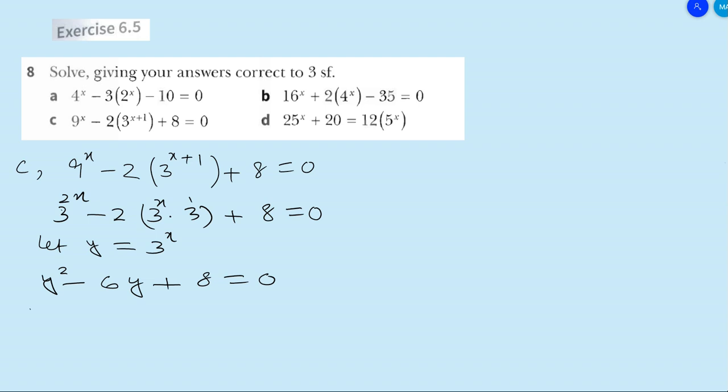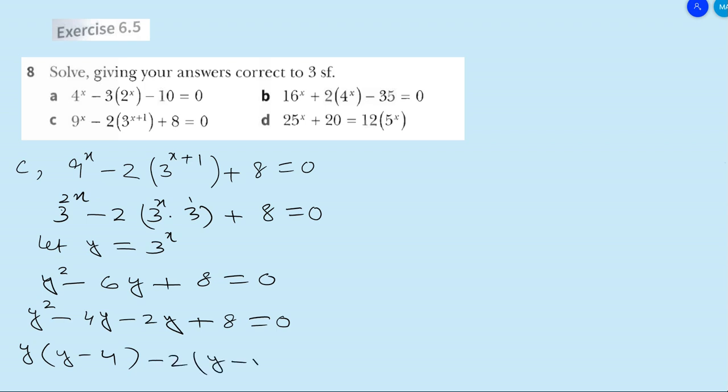Middle term break method: 8 is 1 times 8, or 4 times 2, and 4 plus 2 is 6. Taking y common, y minus 4, minus 2 is common, y minus 4 is equal to 0.